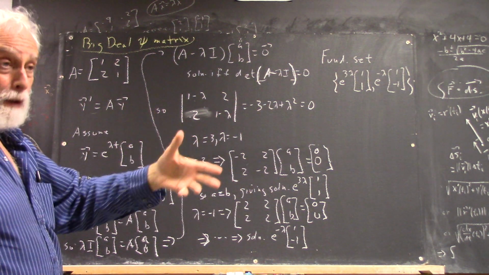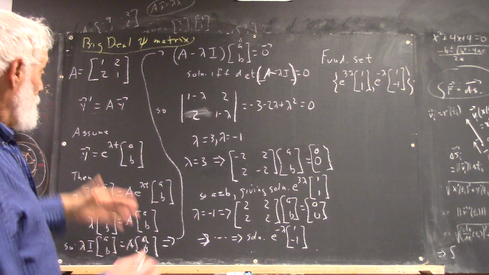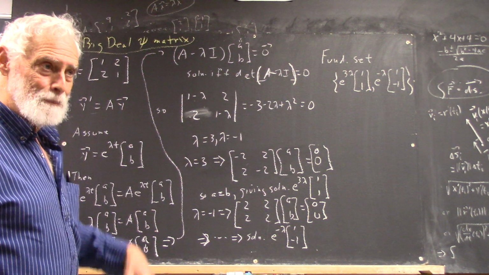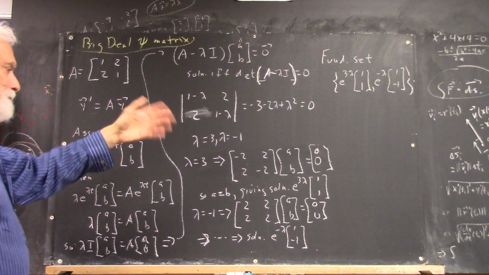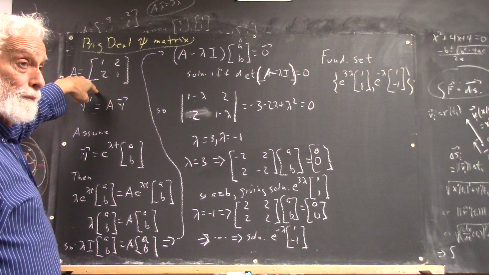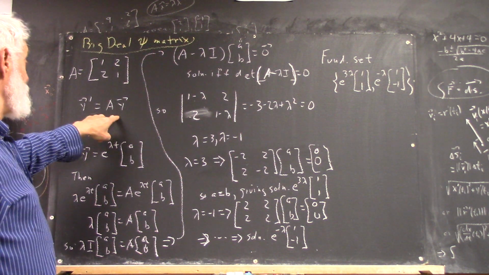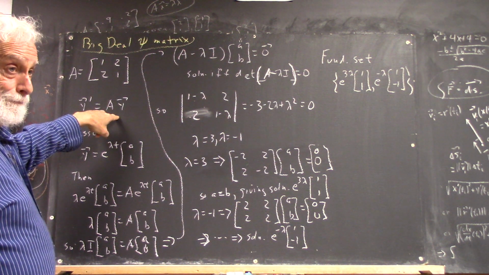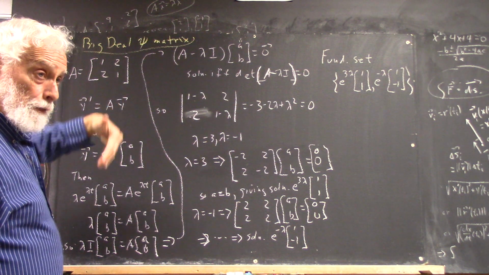The process is always the same. And if the matrix is bigger, you just get more eigenvalues, and your eigenvectors have a bigger dimension. Okay, so here's the matrix. We have the equation y prime equals Ay, where y is now a vector function.